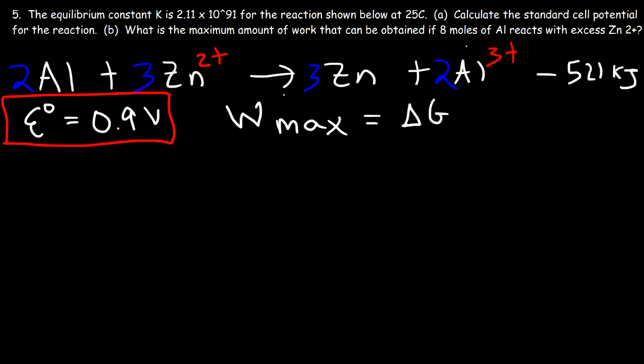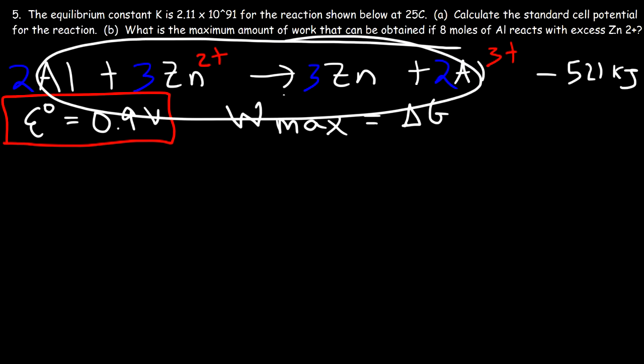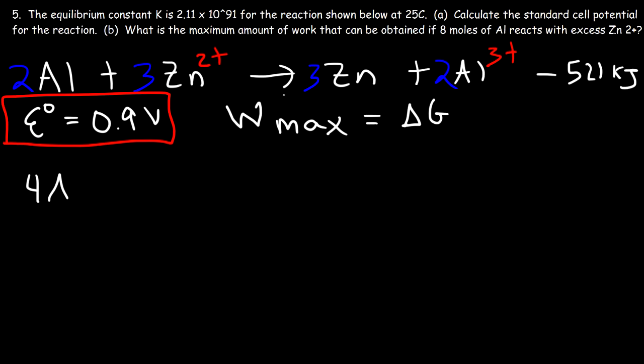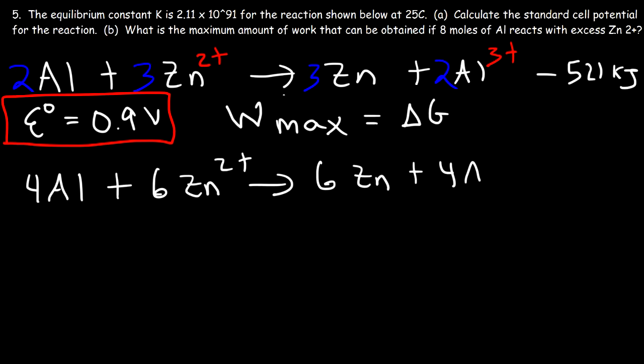Now here's a question for you. What happens if we multiply that reaction by 2? What happens to delta G and the cell potential of this reaction? So if you multiply that reaction by 2, this will increase by a factor of 2. So it's going to be negative 1,042 kilojoules.